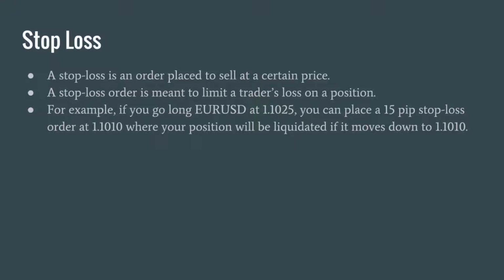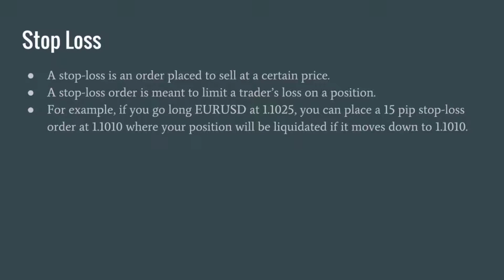And again, if you've been trading stocks or equities, I'm sure you're familiar with the majority of these order types. A stop loss is an order placed to sell at a certain price. A stop loss order is meant to limit a trader's loss on a position.